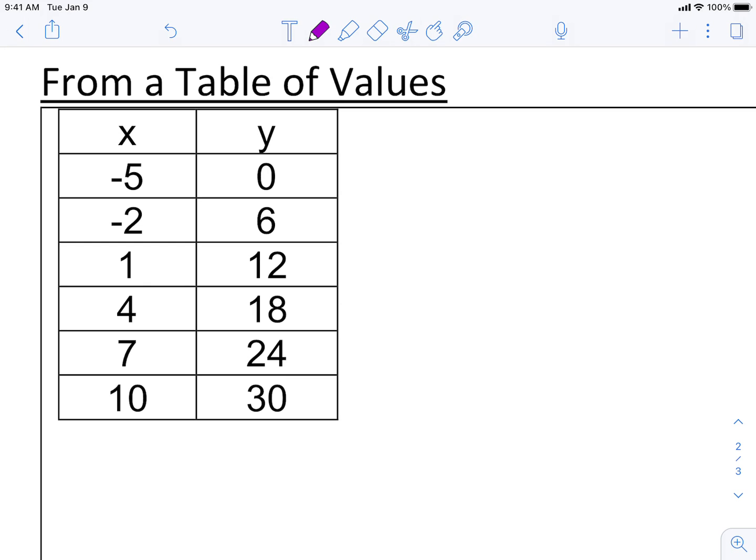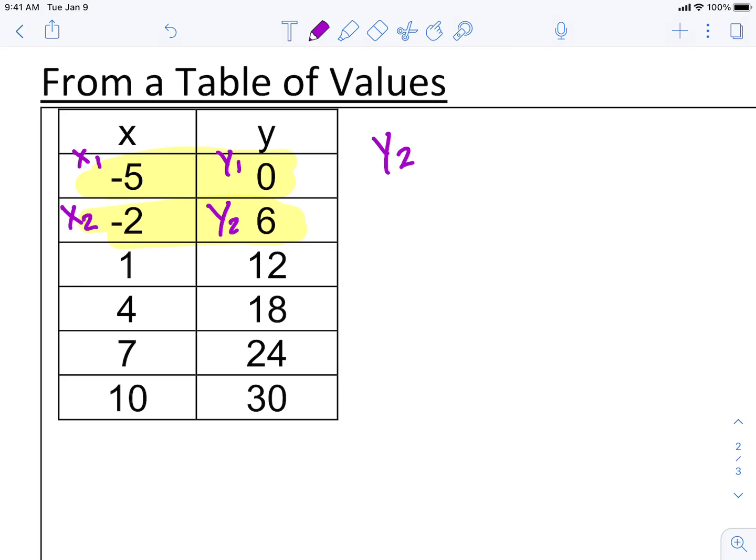When we have 2 tables, all we need to do is pick 2 points, any 2 points from the table. So me, I'm going to pick this negative 5, 0, and this negative 2, 6. So this is going to be my x sub 1, this is going to be my y sub 1, this is going to be my x sub 2, and this is going to be my y sub 2 right there. And I'm just going to plug it into the handy dandy formula.